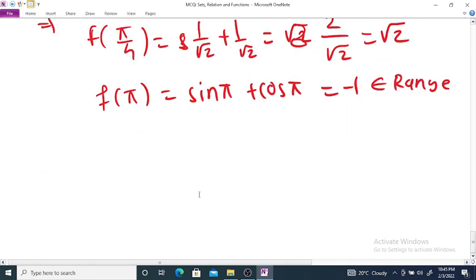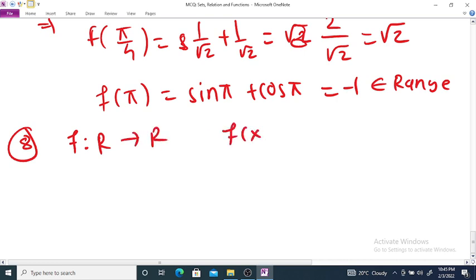Now the next example, number 8. A function f is defined from R to R, defined as f of x is equal to twice x plus 3 divided by 5.